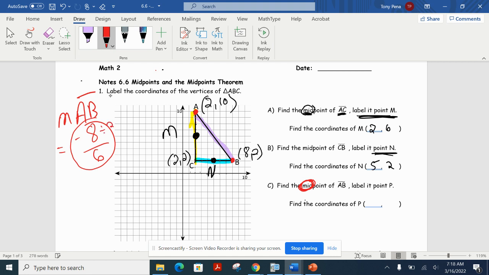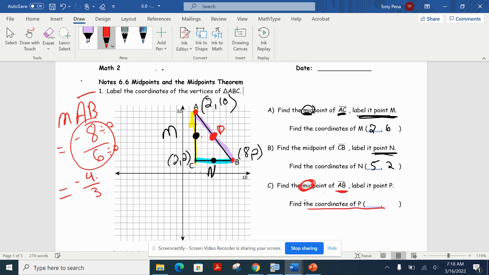So what I'm going to do is take this and divide each of these by 2, kind of like the dilations that we did last week. If I just go down 4 and then right 3, divide each of those. So this negative 8 divided by 2 gives that negative 4. The 6 divided by the 2 will give me that negative 3. If I just do that, 1, 2, 3, 4, 1, 2, 3, that point right there is the midpoint of segment A to B, and then we're going to label those coordinates.